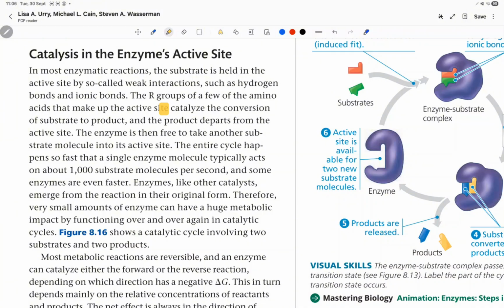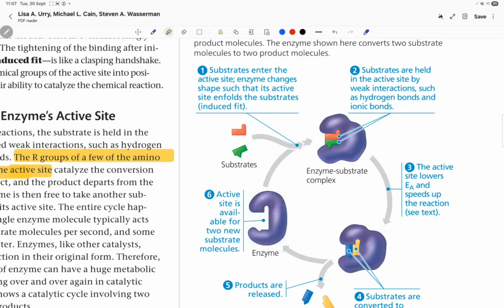The active site of the enzyme is made up of the R groups of a few amino acids. That's how important the R groups are to the composition and the reaction of the active site. So here's how it works. The substrate enters the active site. The enzyme has to change shape slightly so that its active site can take the substrate in.